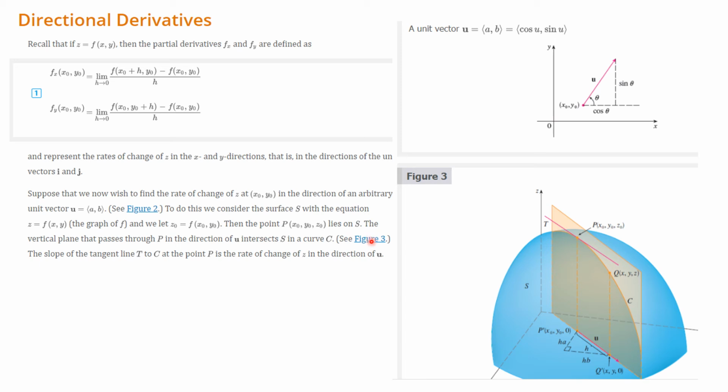You see what happens is that the point P, (x0, y0, 0), lies on the surface, and the vertical plane that passes through this in the direction of u intersects the surface in a curve, and that's the slope of the tangent line to the curve. So the slope of the tangent line T to C at the point P is the rate of change of z in the direction of u. Ponder this a bit as you go forward.